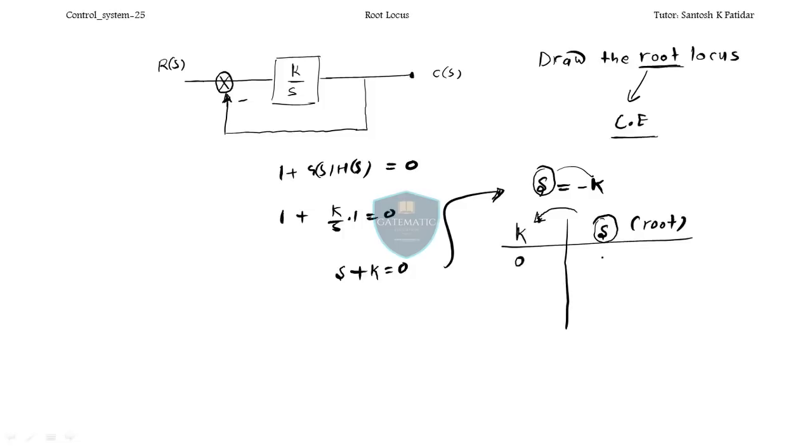Now if we take K equal to 0, it will be 0. K equal to 1, it will be minus 1. Like this up to infinity, it will be minus infinity, isn't it? K values 1, 2, 3, it will be minus 1, minus 2 and so on. So this is nothing but your path.